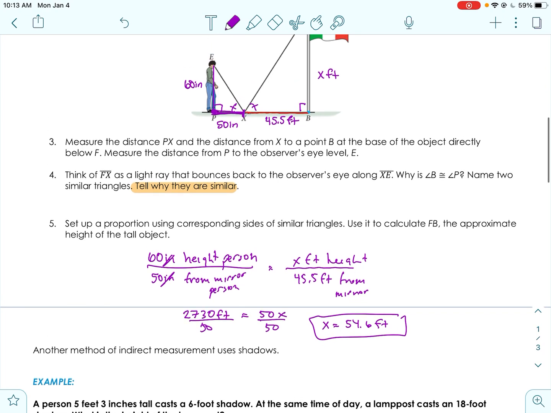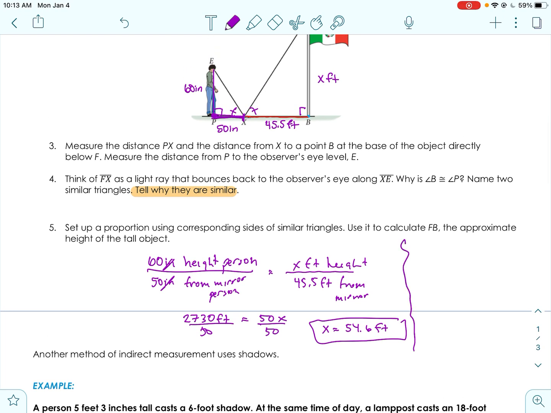Another way that you could write that proportion is you could have 60 inches over x feet, where you are comparing the heights of the two triangles that are created, the two sides of that triangle, your body and the flagpole. And that's equal to 50 inches over 45.5 feet.